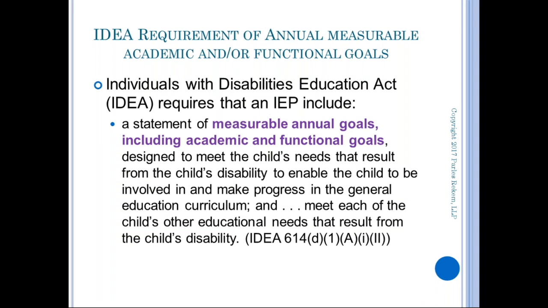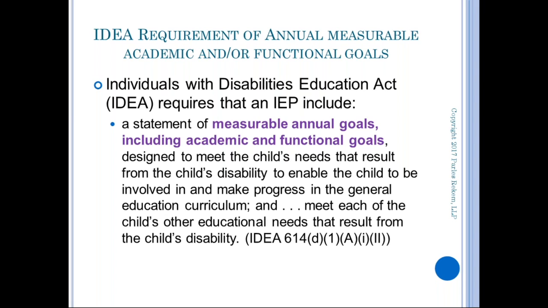So first, let's talk about what the law says. Under IDEA, it requires that an IEP include a statement of measurable annual goals, including academic and functional goals. There's a lot of language there. When we talk about academic, obviously it's math, social studies, English, science, all the core academic subjects that students take.